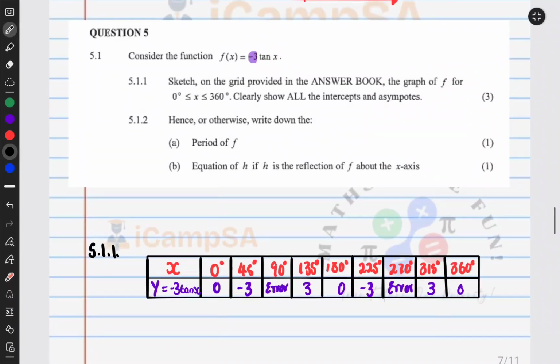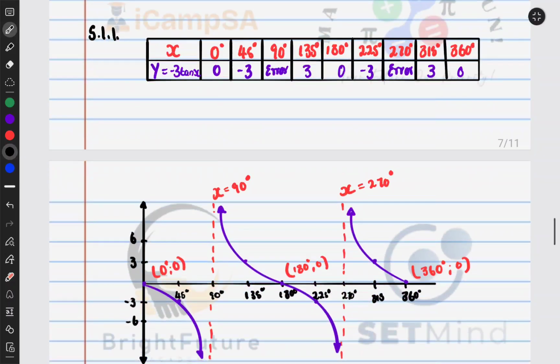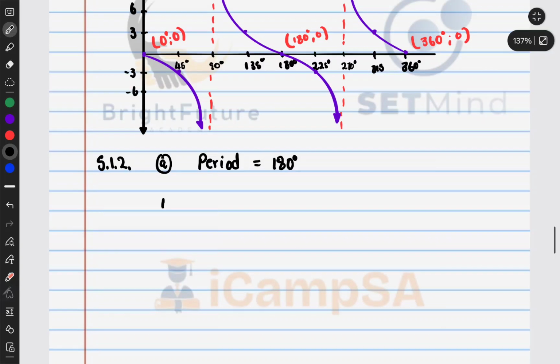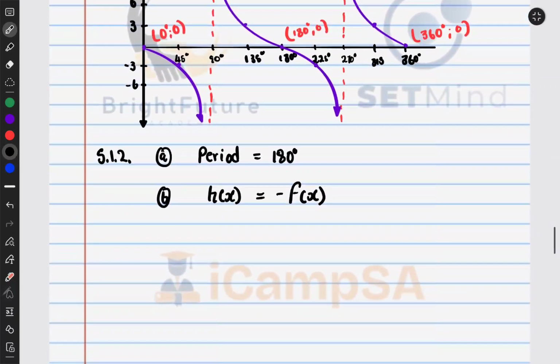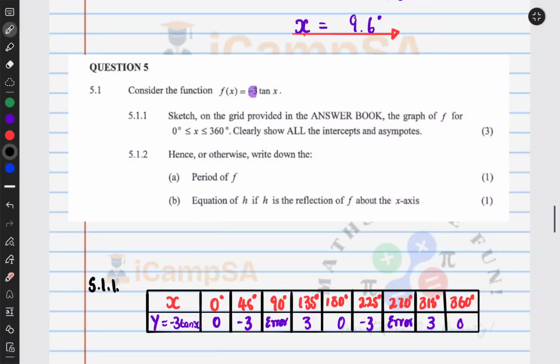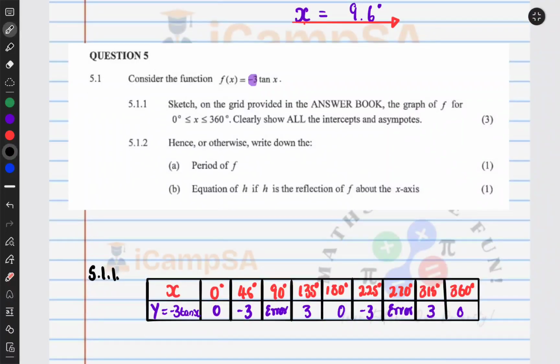So when we reflect a function about the x-axis, we simply introduce a negative sign. So for b, we are told that h at x, the reflection of f, is equal to negative f at x. That is how we reflect a function. But what is f at x? f at x is equal to negative 3 tan x.